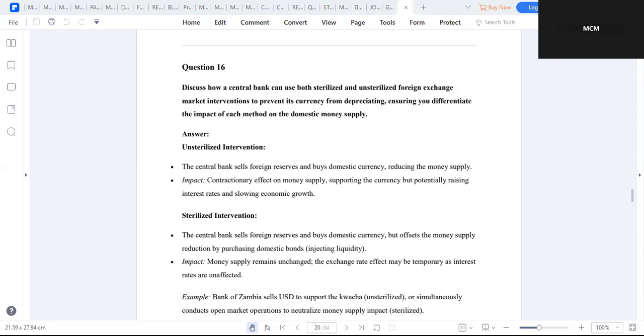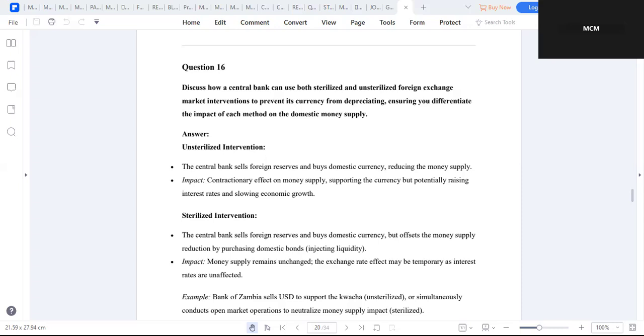So this will reduce the temptation of the government printing more money, which will lead to inflation. It will reduce the supply of kwacha in the market because the public will now hold fewer kwacha and more dollars. So the effect that this will have, number one, on the exchange rate, is that the kwacha will strengthen. It will reduce depreciation, in short.